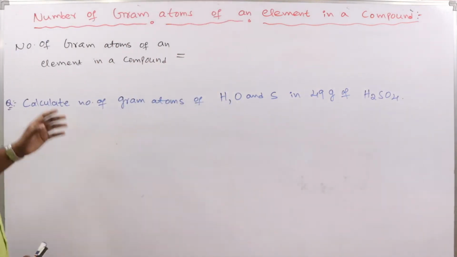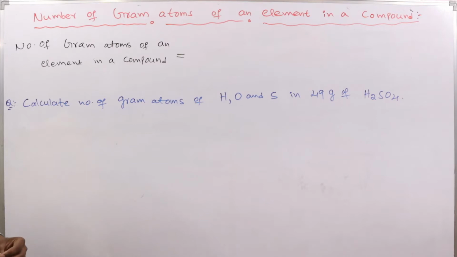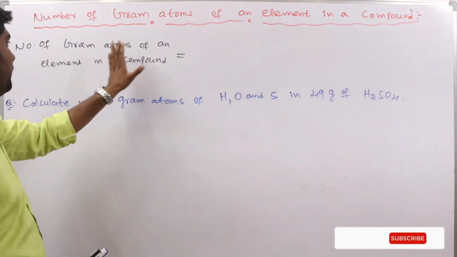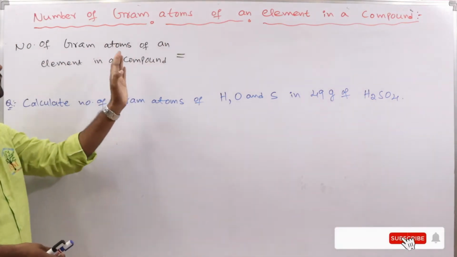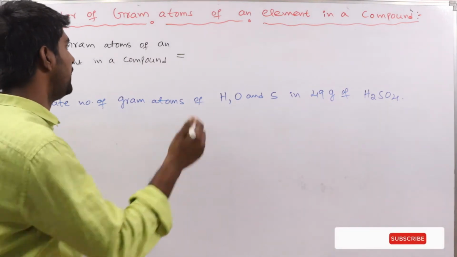First of all, we have a simple formula to calculate the number of gram atoms of an element in a given compound. So what is that formula?